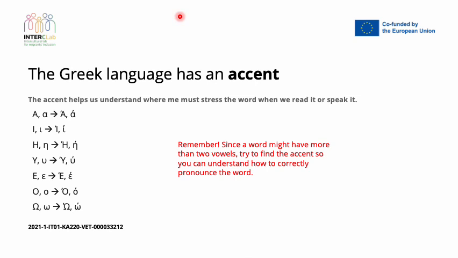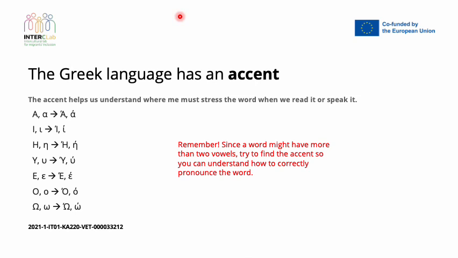And this is that the Greek language has an accent. Unlike English, where we stress the word, the accent of the word is not present. Greek is similar to French, for example, where we use accents.